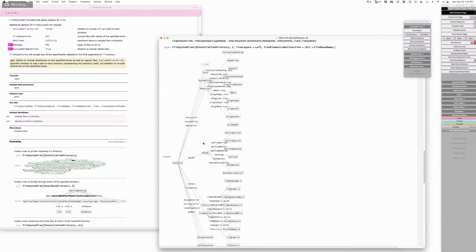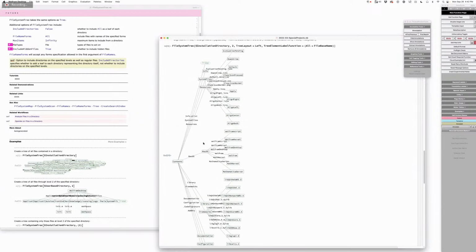I mean, in a file system, everything is a file, but some have attributes that make them be a directory. Even a directory is a file. But in a tree, that would be an inner node, right? As opposed to a leaf node.